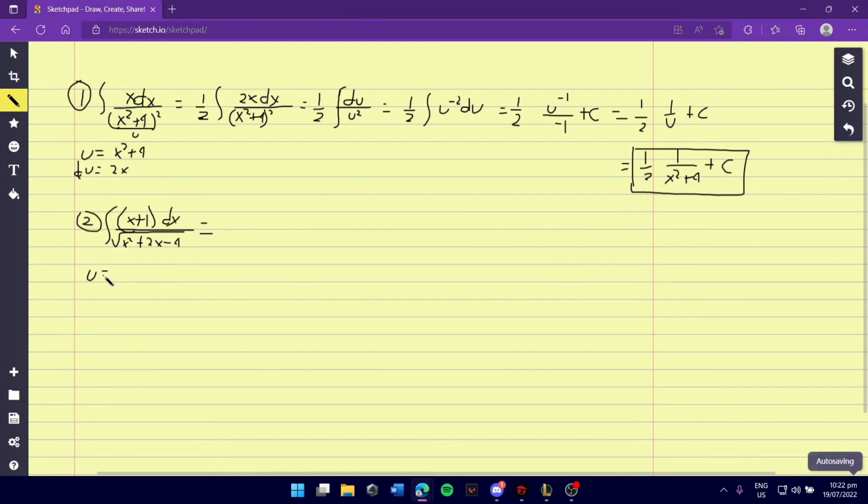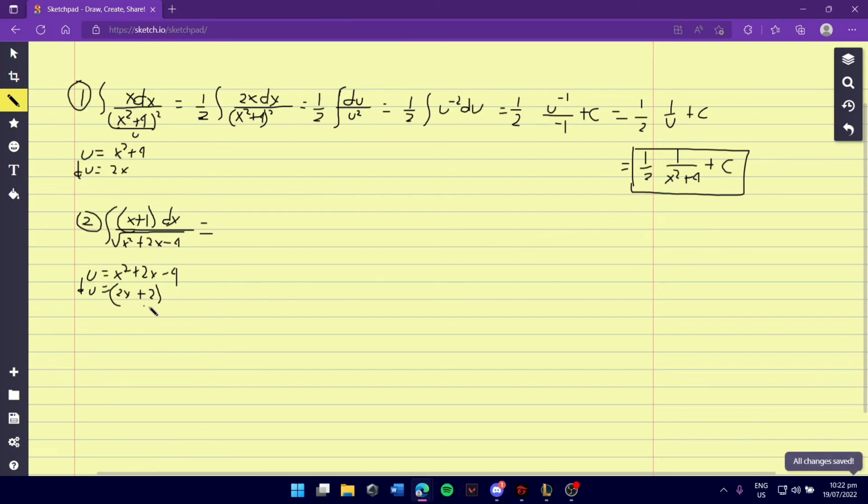So u equals x squared plus 2x minus 4. The derivative of x squared plus 2x minus 4 is 2x plus 2 times dx.